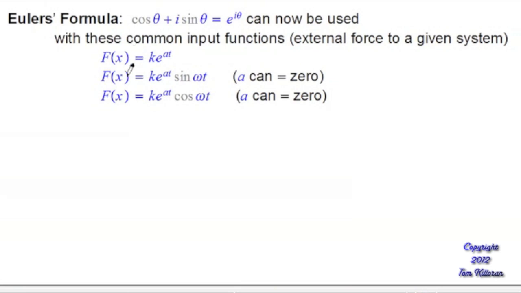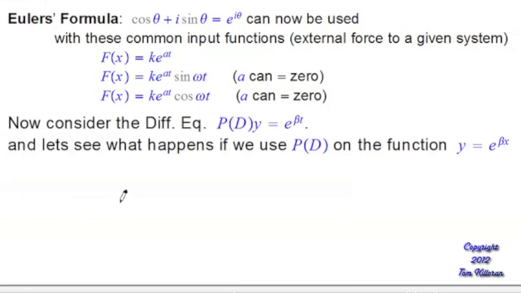So if we have input functions that follow these three possibilities, an exponential function by itself, a sine with or without the exponential function, and a cosine with or without the exponential, as input functions, this Euler method is going to work really nicely.